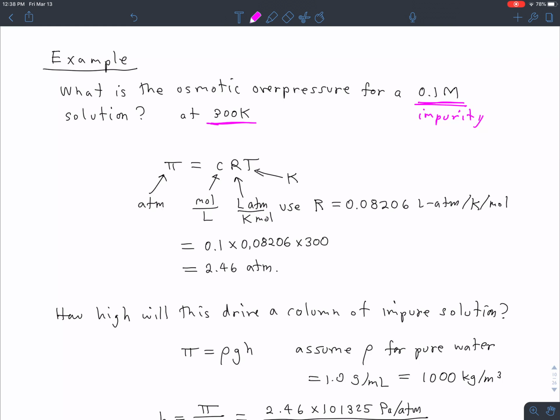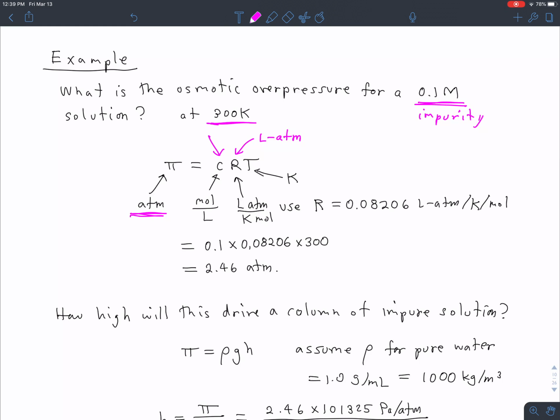In order to do that, I should plug in a value for the gas constant that's in liter atmosphere units, so that I get atmospheres out on this side, and I can use molar concentration for C.